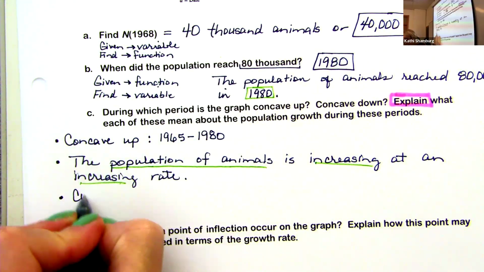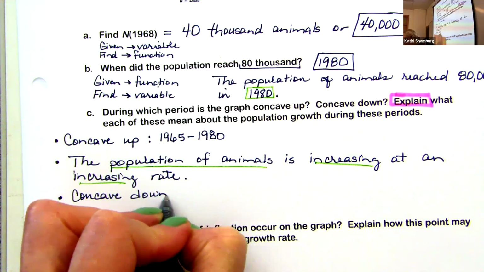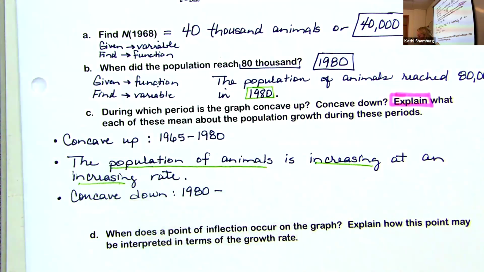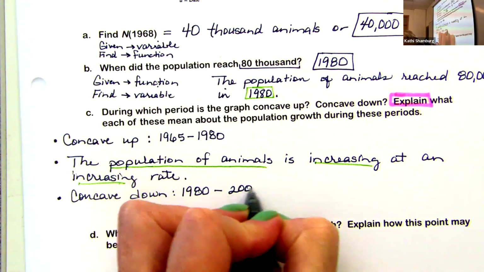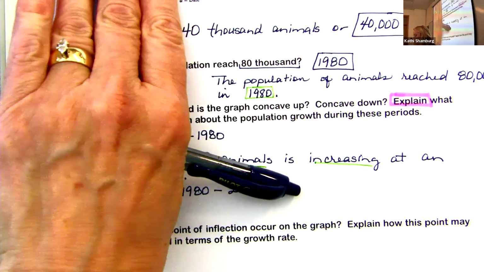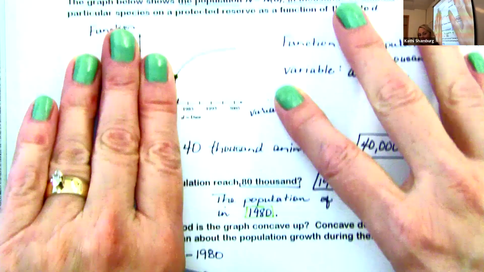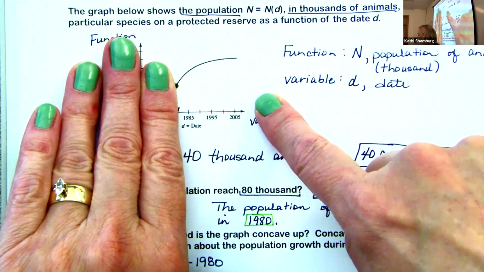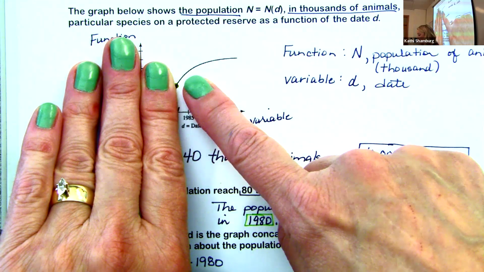So now we have concave down. And that would start at 1980 and go till when? My graph stops at 2005. So this part of the graph is cups down, so that's why it's concave down. So we're still talking about the population of the animals.